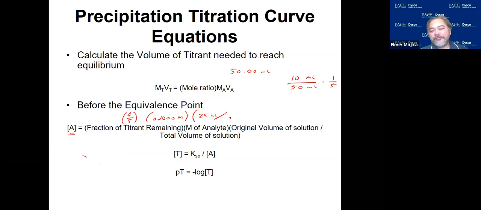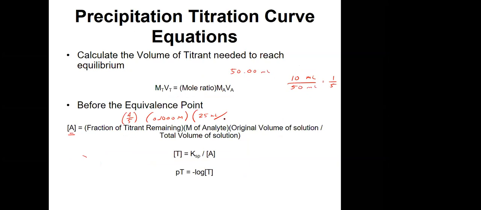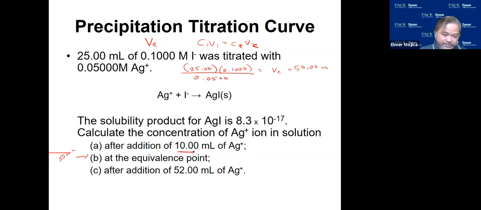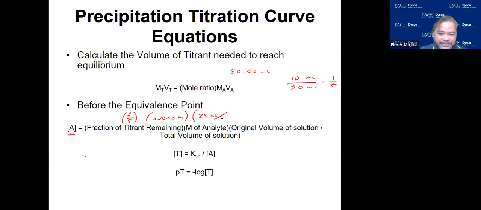What's the total volume now? Anyone? 75? Is it 75? We only added 10. So this is just 35 mL. Convince yourself that it's 35. Where did I get the 35? I just added 10 mL to the 25. So that's the total volume.